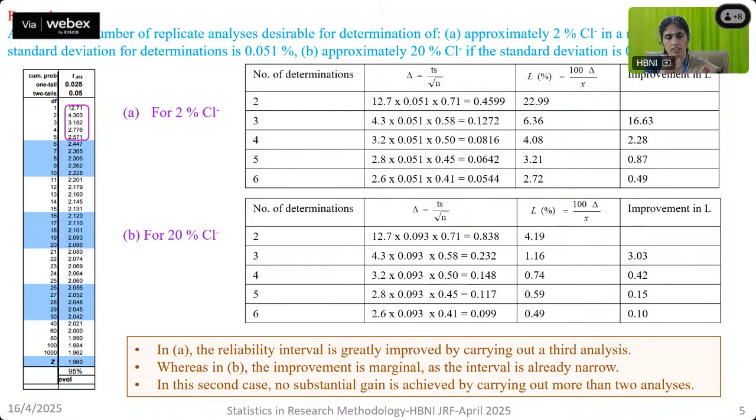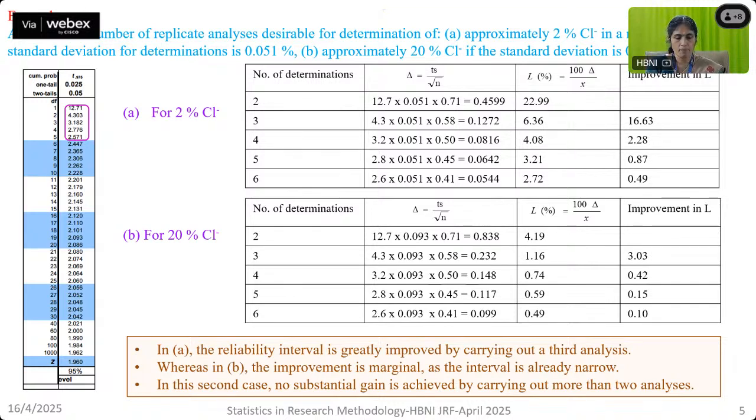Since the absolute concentration is very low, and the factor is in the denominator for the calculation of the reliability interval, the number of determinations should be high so that the reliability interval could be under control. So when you go to very low concentration levels, the demand on the number of determinations also rises, which is explicitly given in these two examples.